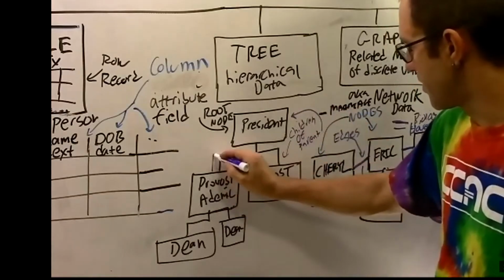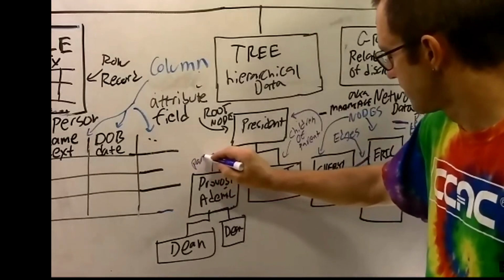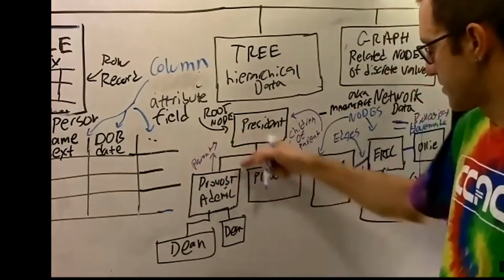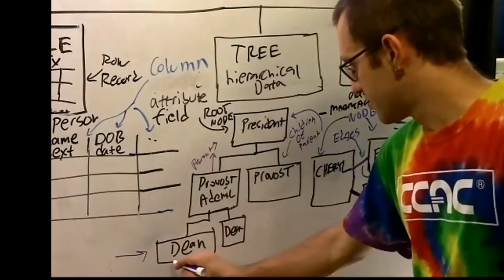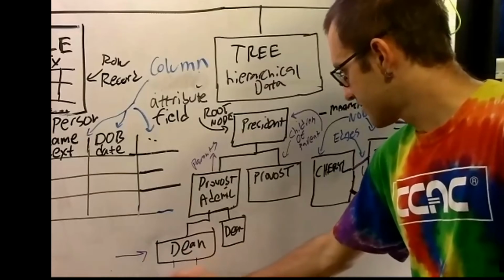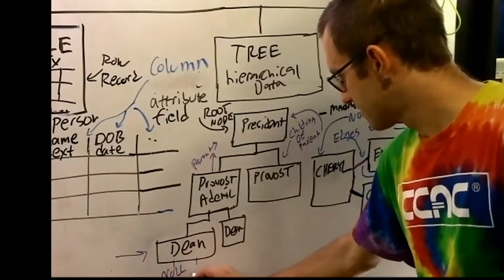So parents are up and children are below. Anyone know what we call nodes that do not have any kids, if they have null kids?